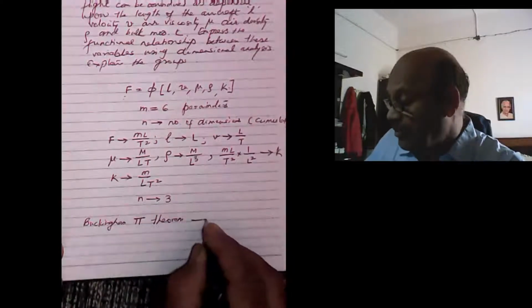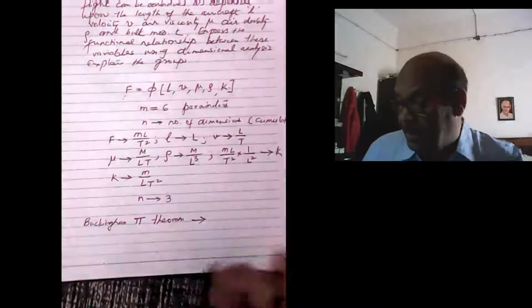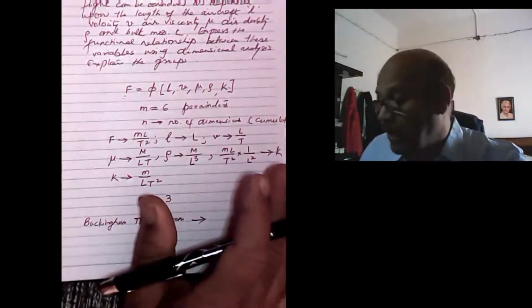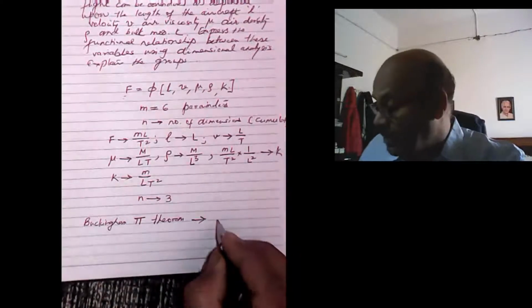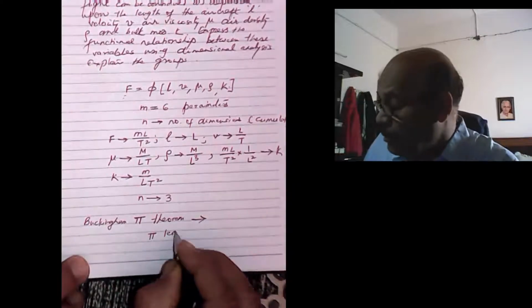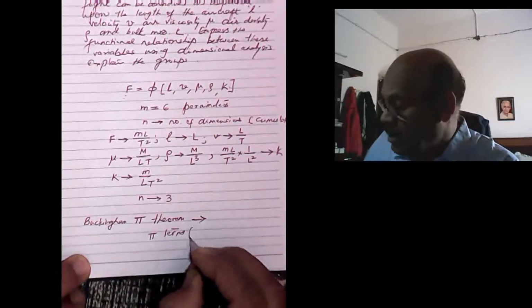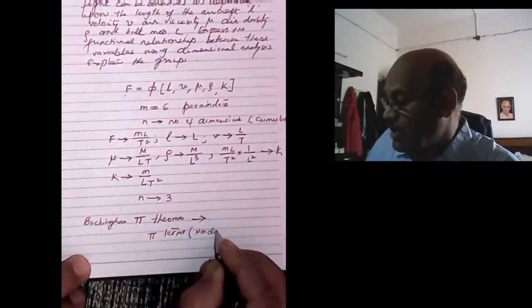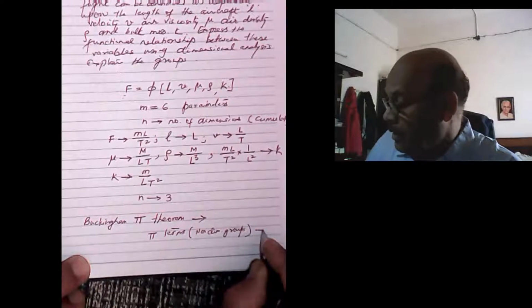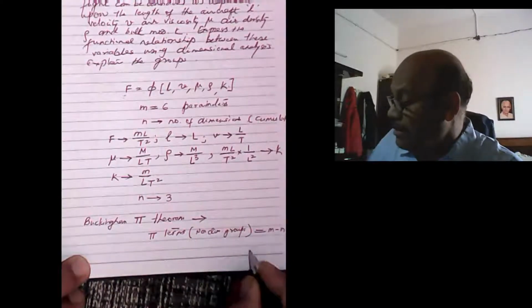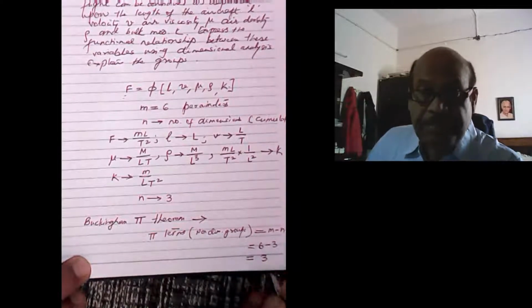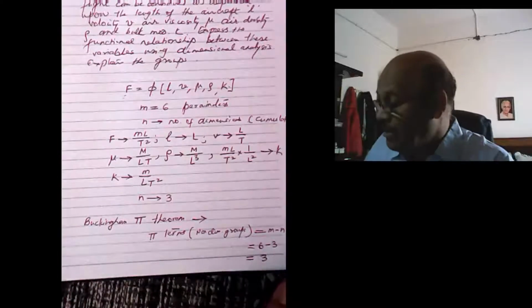It says that if the number of parameters is m, and the number of dimensions involved in all the parameters is n, then the number of pi terms, also called non-dimensional groups, will be equal to m minus n. That is 6 minus 3 equal to 3. Okay, so let me work it out.